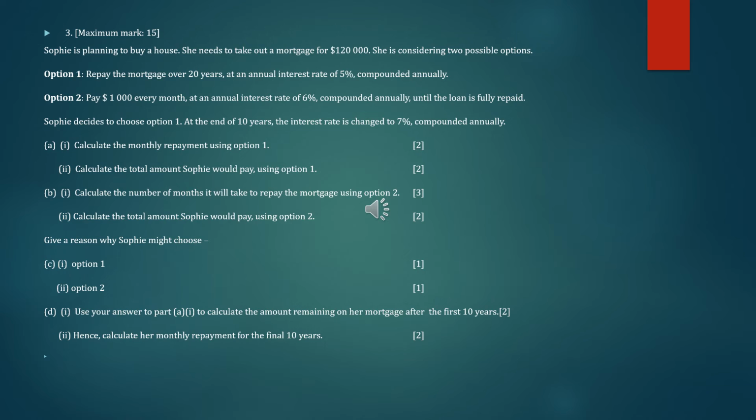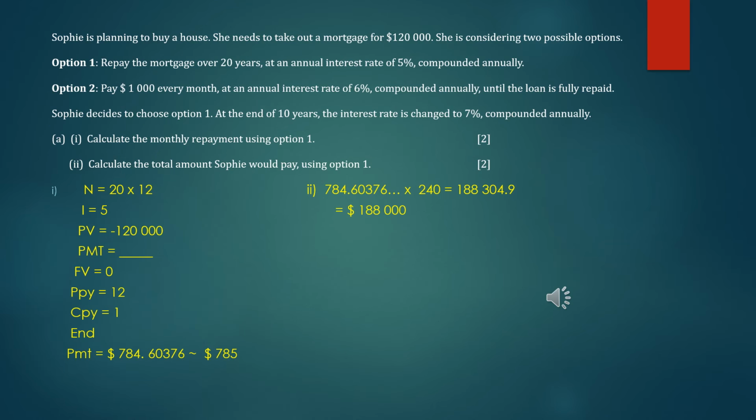Then calculate the total amount Sophie would pay using option 2. And give a reason why Sophie might choose option 1 or option 2. And then using that answer in A1, calculate the amount remaining on her mortgage after the first 10 years. Hence, calculate her monthly repayment for the next 10 years. So the solution for this problem can be found on the next pages.